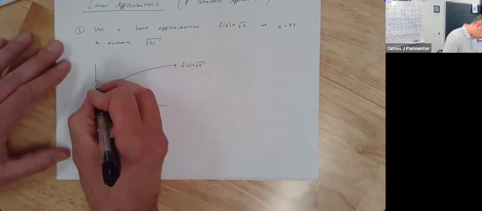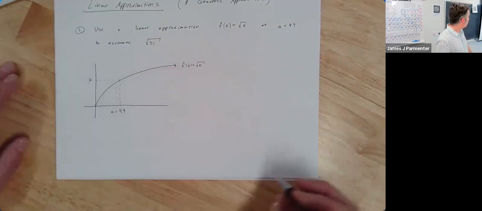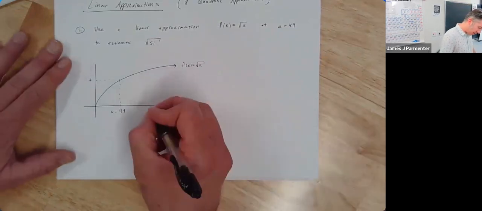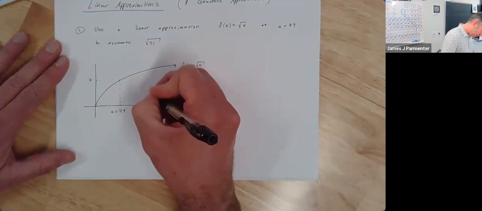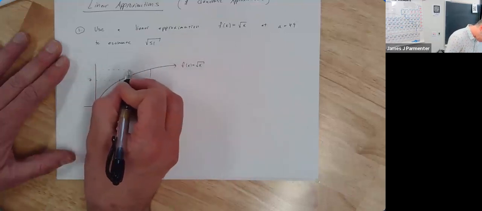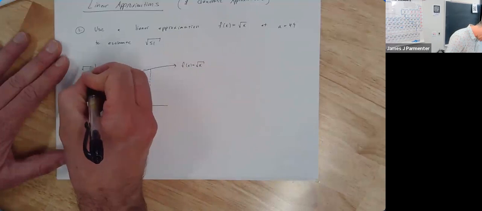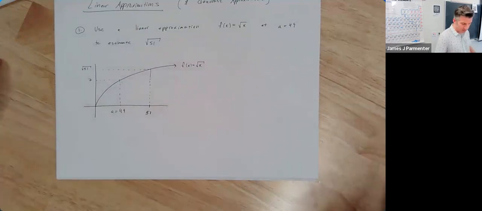So here we have the value of 7. And I'm going to go way over here, even though I know this is not at all to scale. Over here at 51, we would really like to know what the square root of 51 is. But we don't, and we're not going to. We are going to approximate it, and here's how.